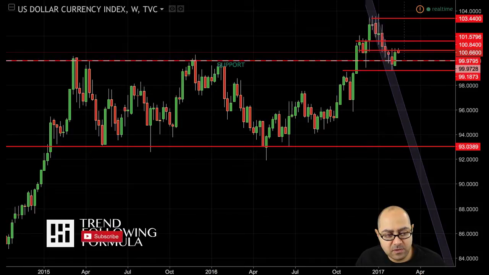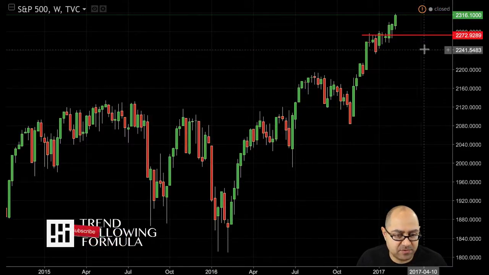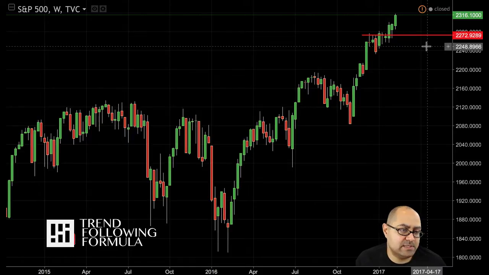Then after the dollar index, we will have a look at SPX and the SP 500. It seems that a negative correlation has started to happen now between the dollar and commodities and stocks. SP 500 doesn't care about the value of the dollar.